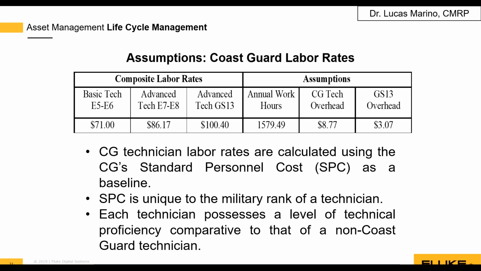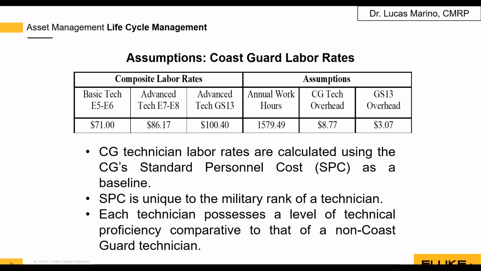If you are in an organization, you would take the standard personnel cost for your people, right, their hourly rates, and you would want to develop those so that they aligned equally with, or as close to as possible, with your other resource options. This way you're not fudging the numbers by basically not looking at the total cost.